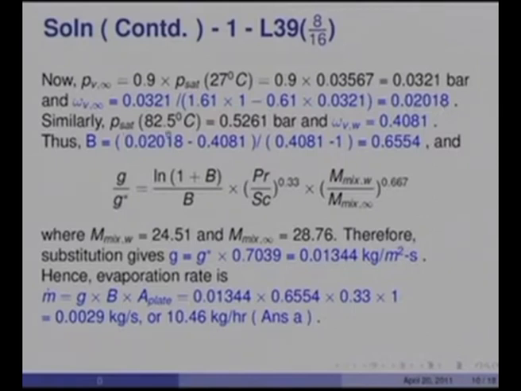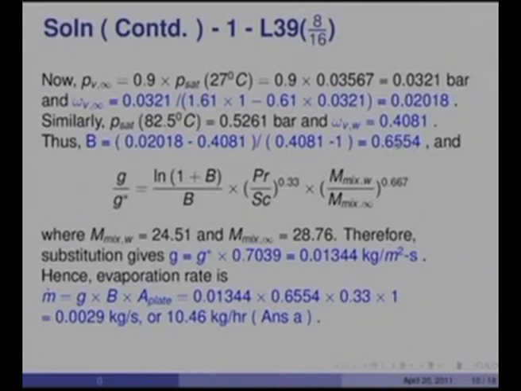Similarly, P_sat at 82.5 degrees centigrade, which is at the wall, 0.5261 bar, and therefore, omega_v w will be 0.4081, and therefore, B will be simply omega_v infinity, which is 0.02018, minus 0.4081 divided by 0.4081 minus 1, equal to 0.6554. So, this is a considerably large B in an evaporation problem.